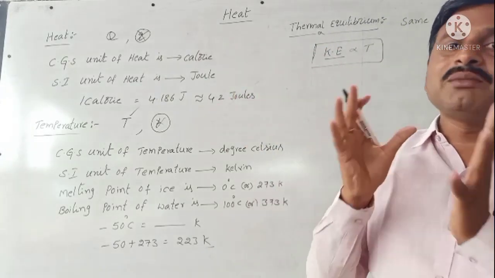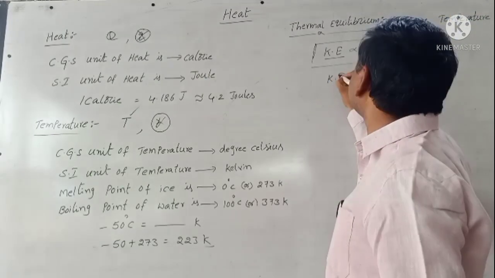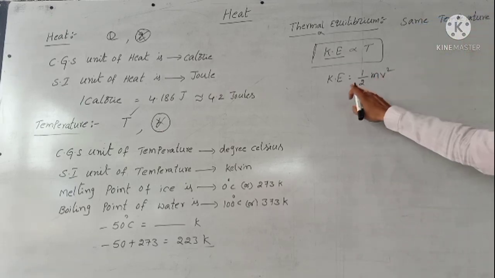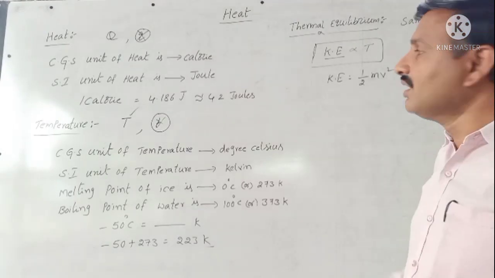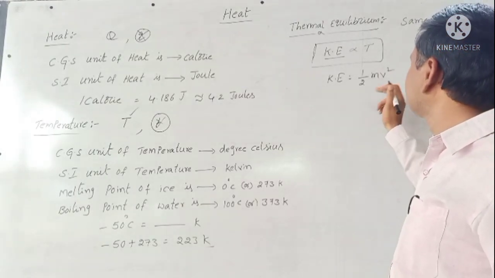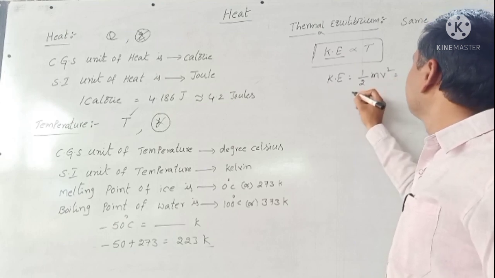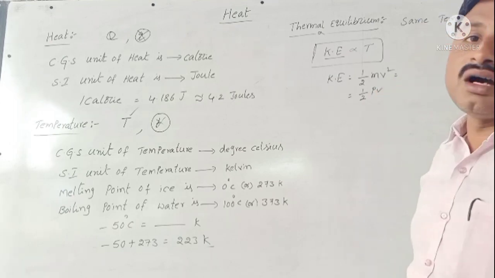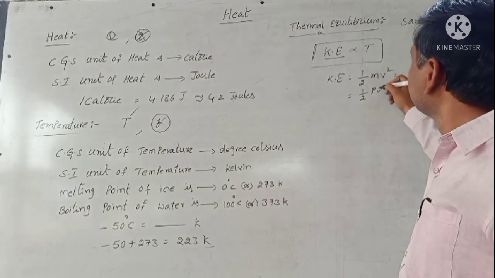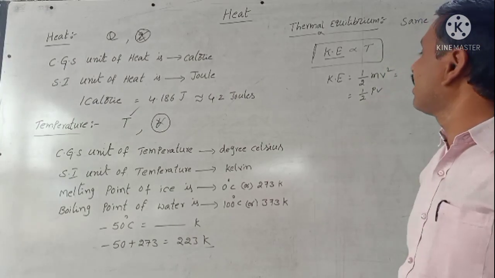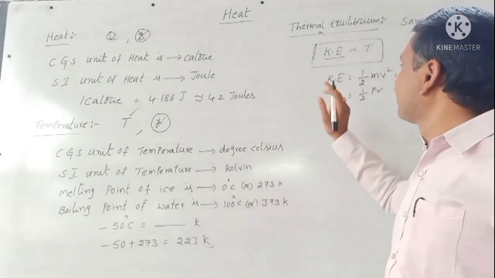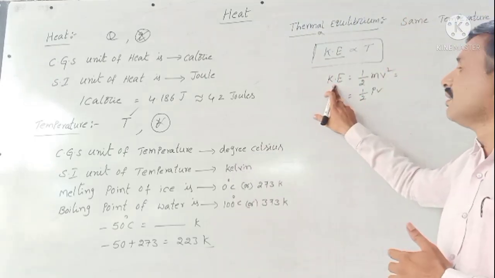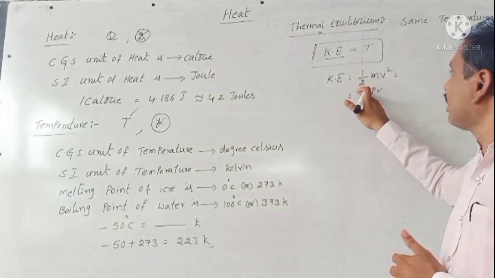The kinetic energy formula is KE equals half mv squared. That is, KE equals half mv squared, or KE equals half PV, where P is the momentum and V is the velocity of the object.